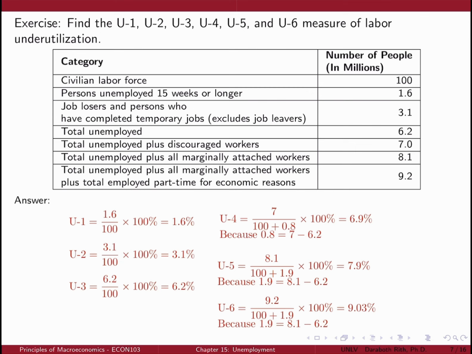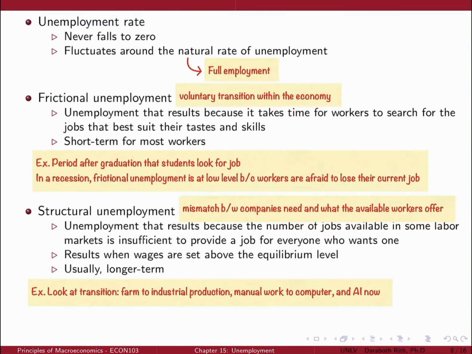Note that the number of marginally attached workers is calculated as what we did for U5, that is 8.1 minus 6.2 equals 1.9.